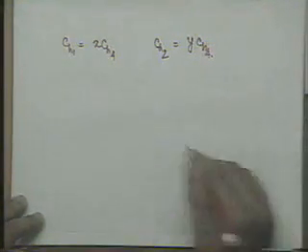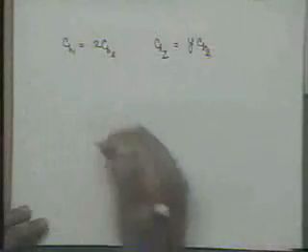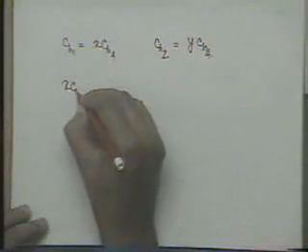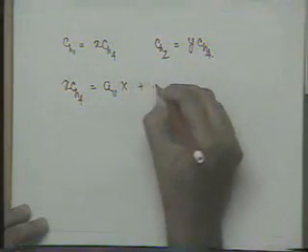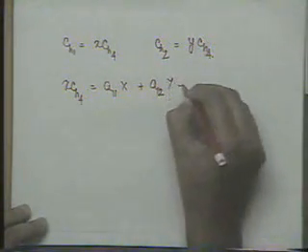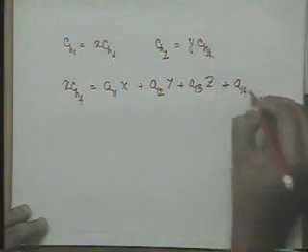By expanding this, we get X CH4 equals A11X plus A12Y plus A13Z plus A14.